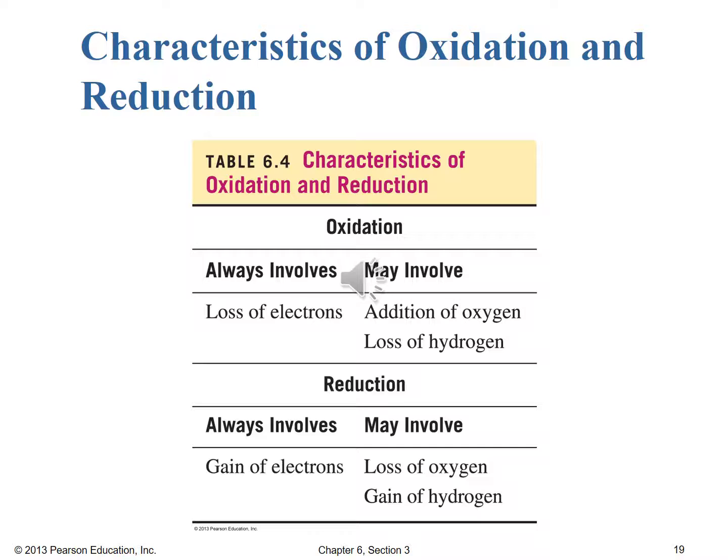In biological systems, you'll often also be seeing a loss of oxygen or a gain of hydrogen for that reduction half reaction. But again, it's always true to say that a reduction half reaction involves the gain of electrons. We just happen to see that biologically often as the gain of hydrogen or the loss of oxygen. All right, so there we go.